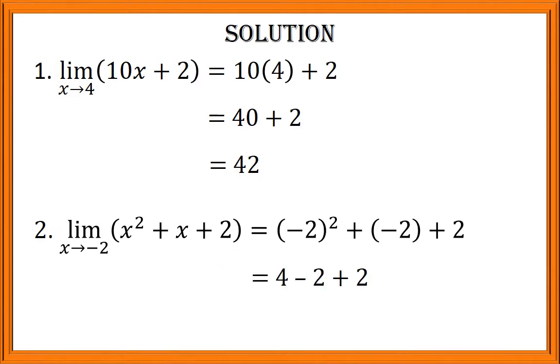This will then be equal to 4 minus 2 plus 2. And this will be equal to 4. So, the limit of x squared plus x plus 2 as x approaches -2 is equal to 4.